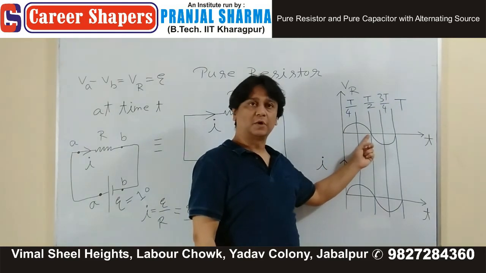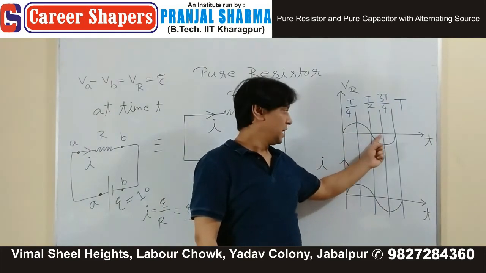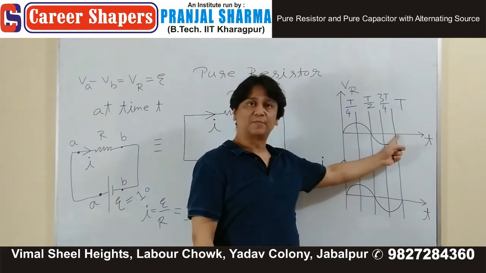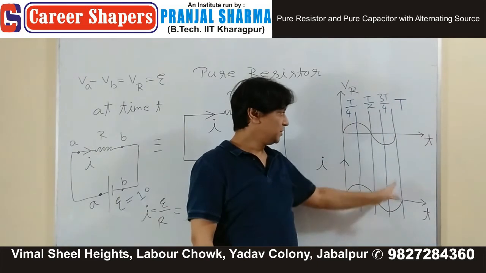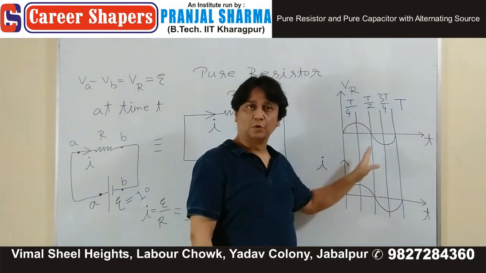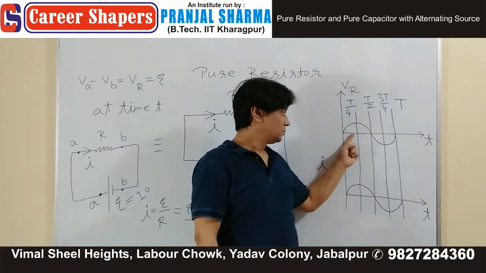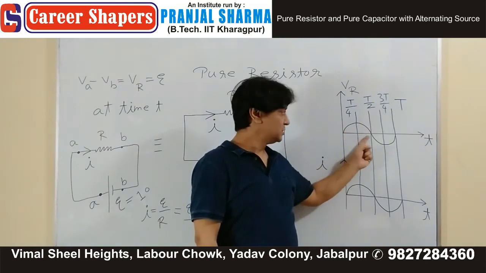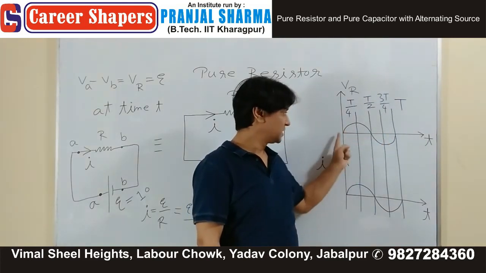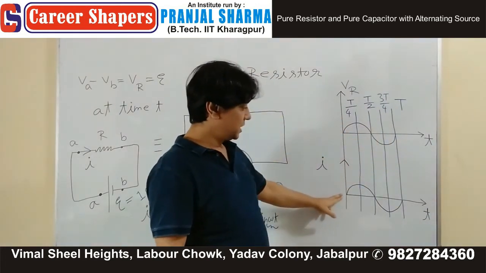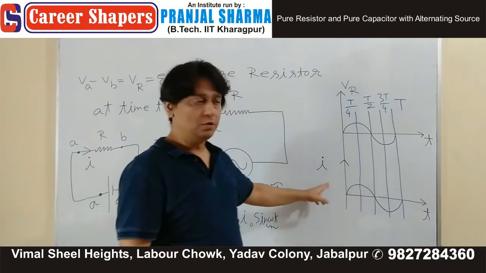Another T by 4 gives you T by 2. Another T by 4 gives you 3T by 4. And right here you have capital T. If you can see these blue lines, they are giving you time values. And the graph in the black is giving you VR. Similarly, the graph in the black over here is giving you I.